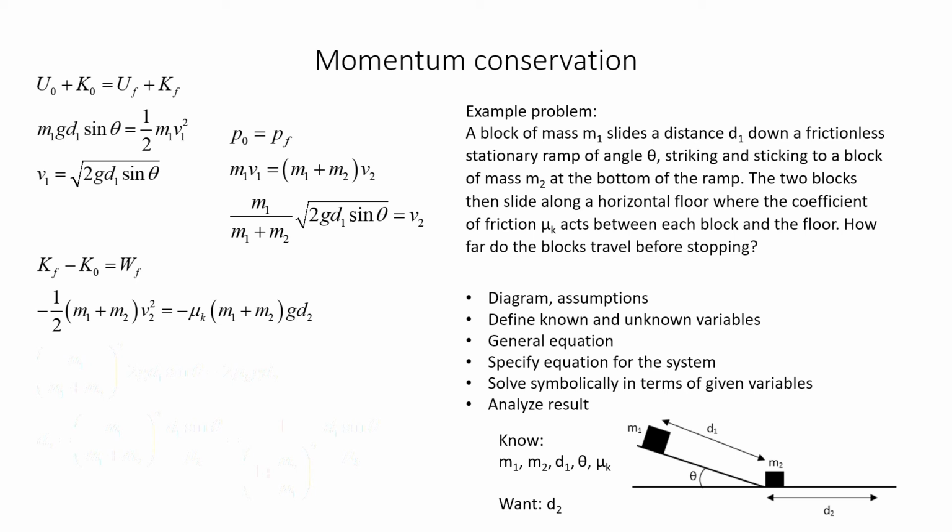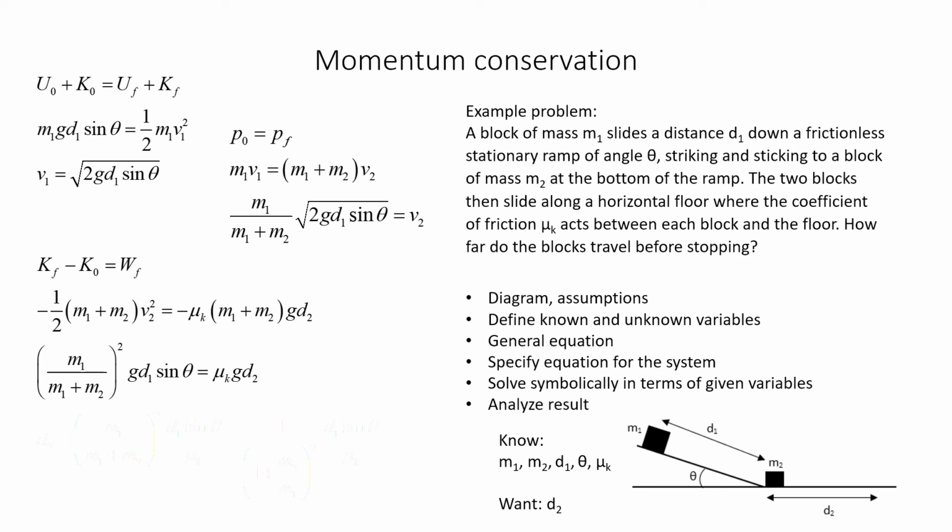That's their initial velocity, equals the work done by friction, which is mu k times the normal force, which is m1 plus m2 multiplied by g, and the distance d2. Notice the two minus signs are going to cancel here. The work has a negative sign because the force is in the opposite direction of the displacement.